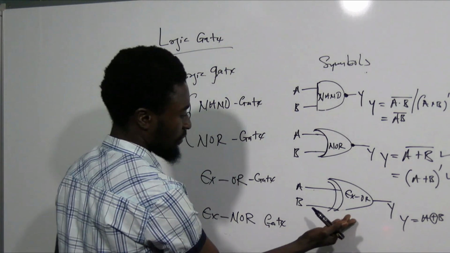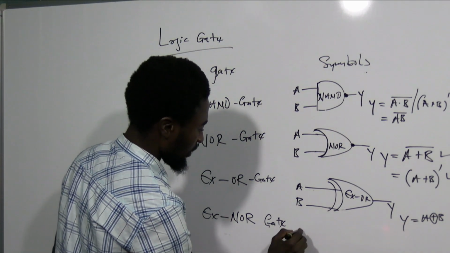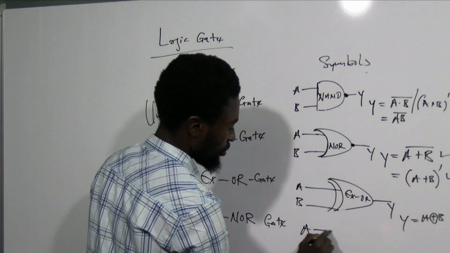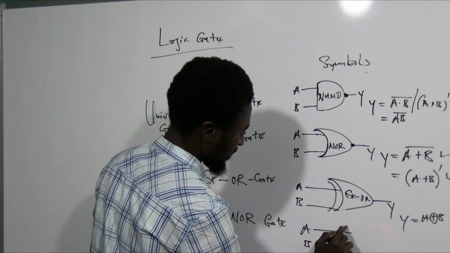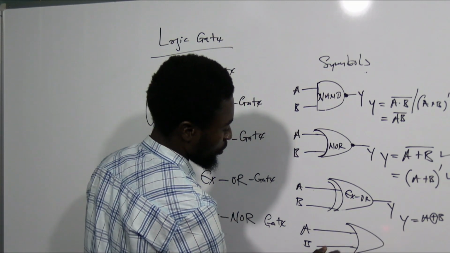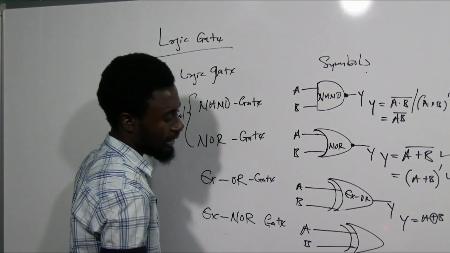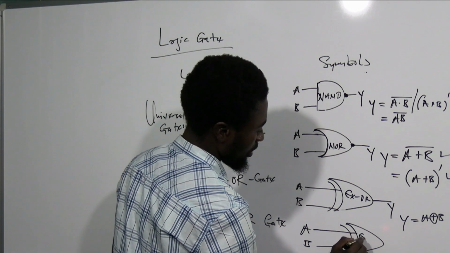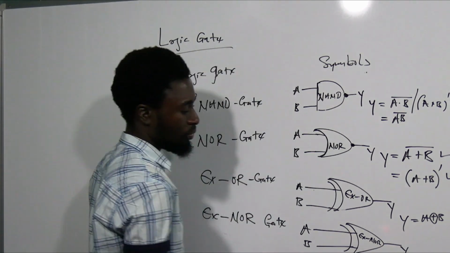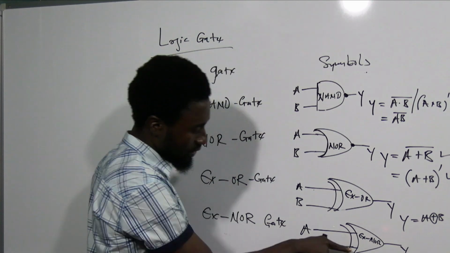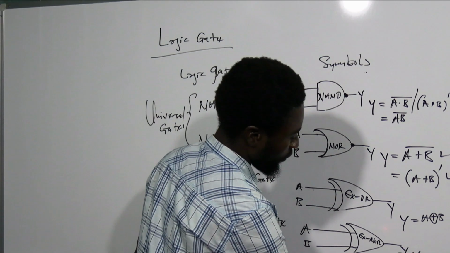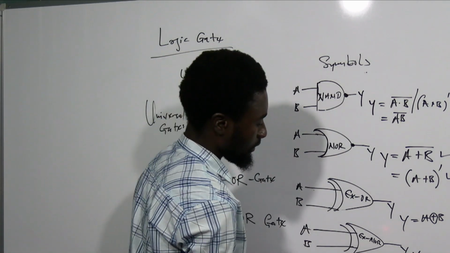We just have to replicate this one, having A and B as our input. So remember, we are just replicating this one. So you have this, and we have this one with our line this way, and we say exclusive NOR, and we have our output Y. But of course, the one drawn without the complement, the value for that is Y. I don't know if you've seen here clearly.